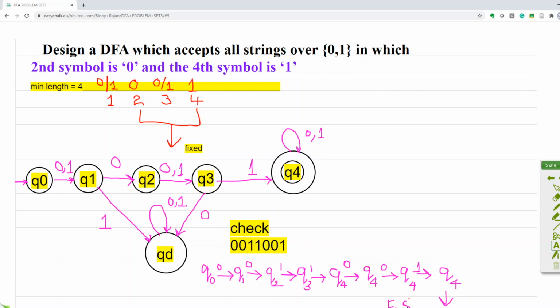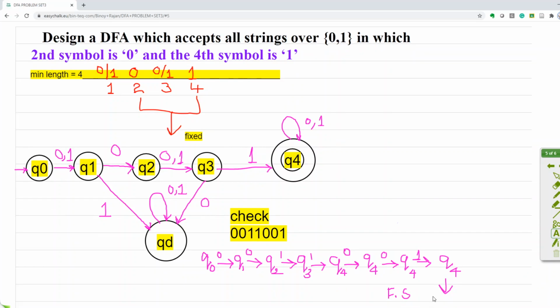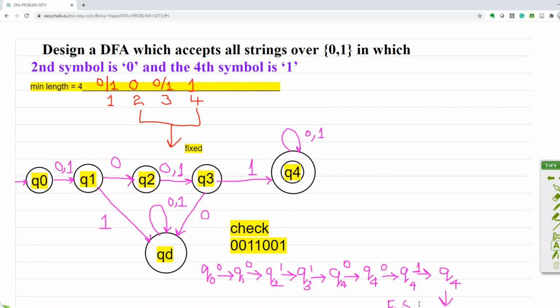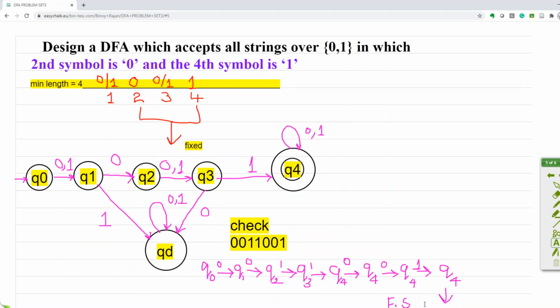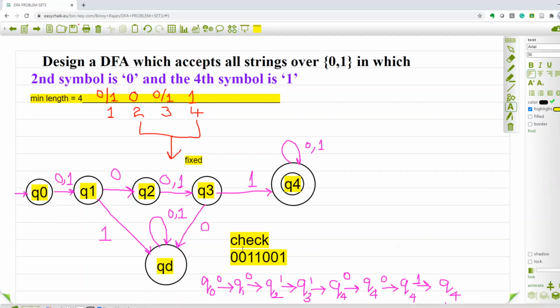So obviously this string is accepted. How do we check whether the string is accepted or not?